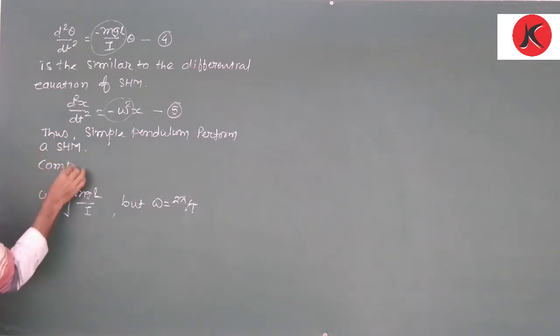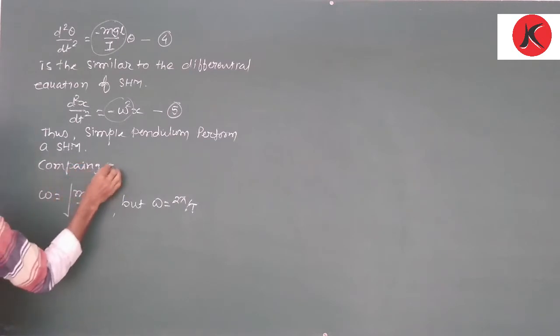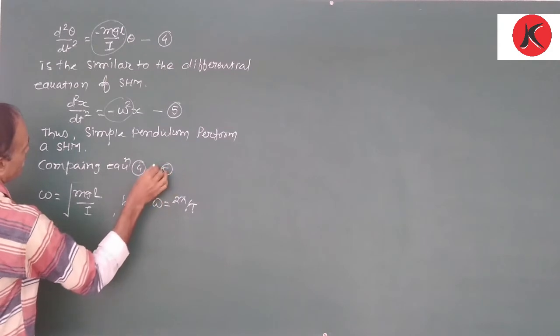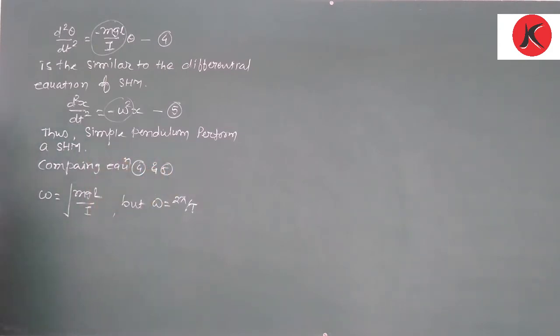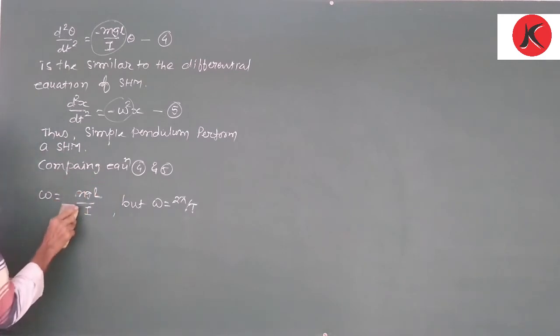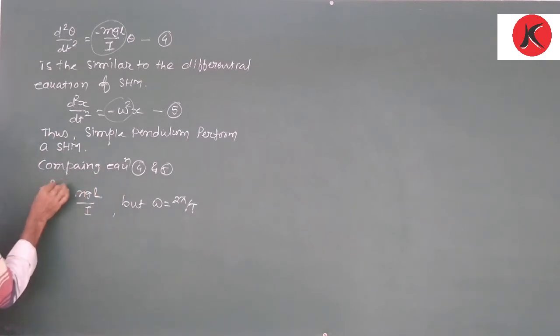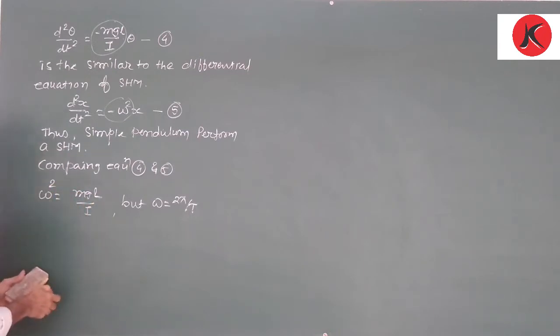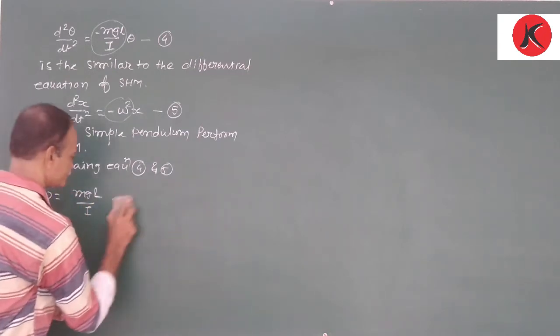Now comparing equations 4 and 5, ω² = mgl/I.